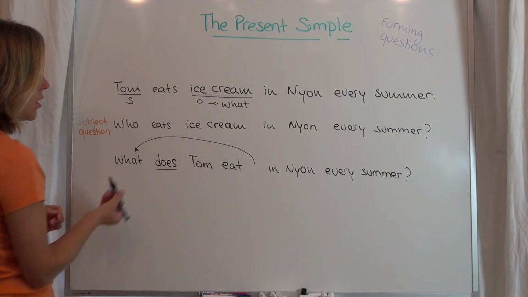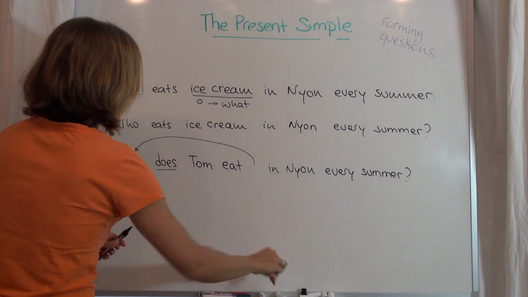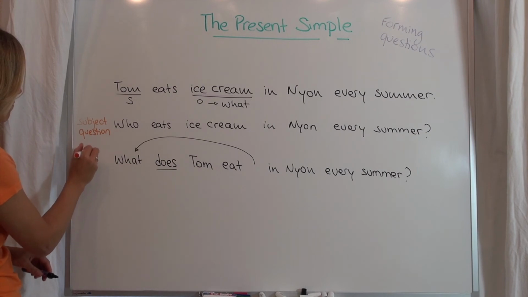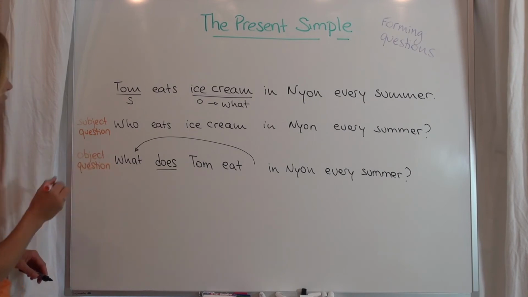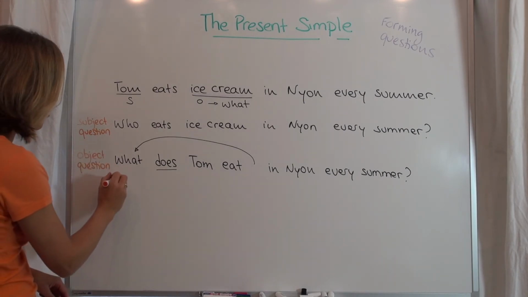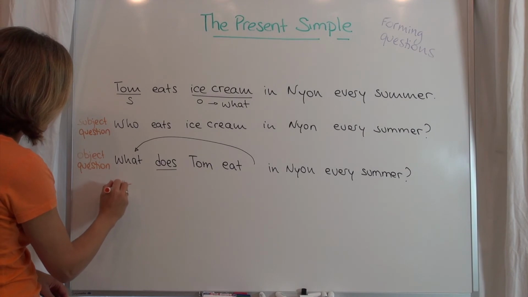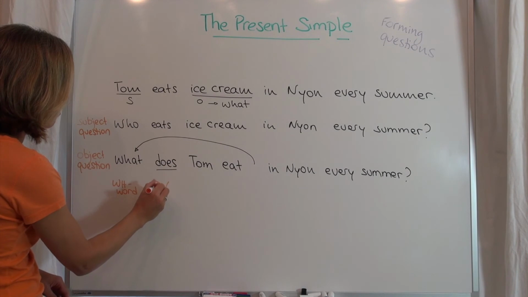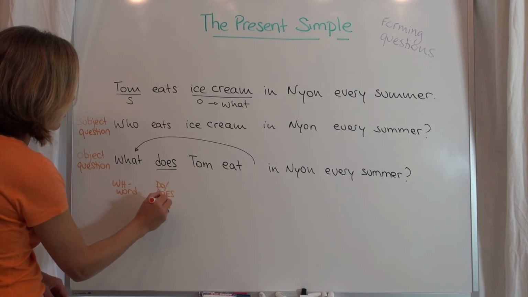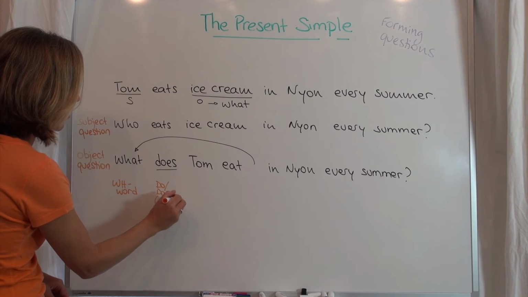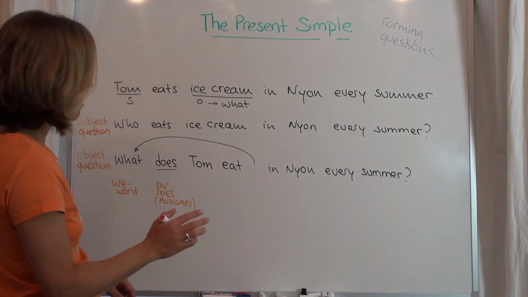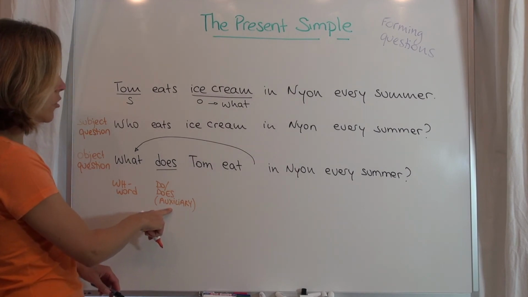See? So if we do a quick review, this is called an object question. And in object questions, we have the WH word, then either do or does. It's the auxiliary, we call it. It's always the same in any question, in any tense. Always the auxiliary here.